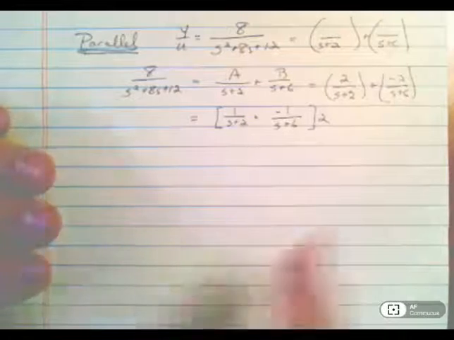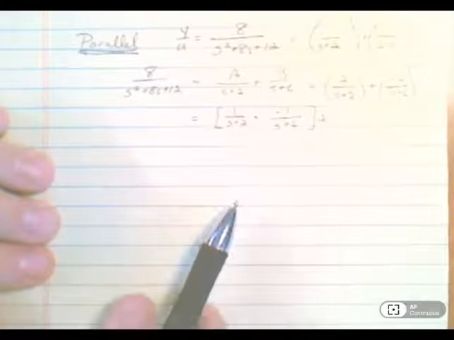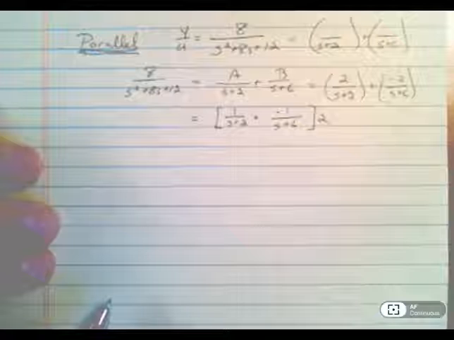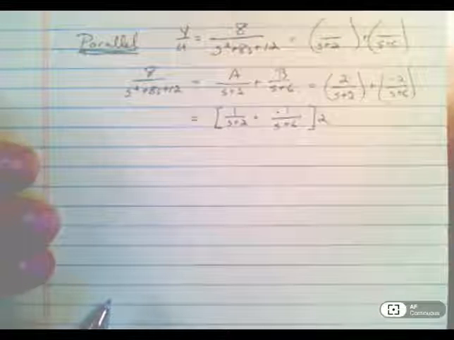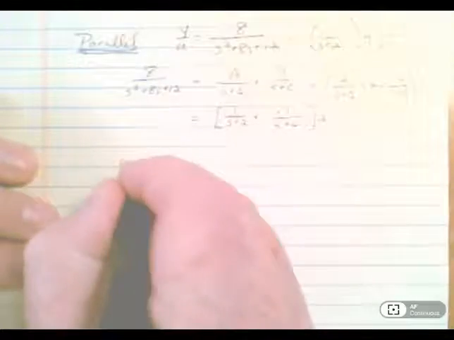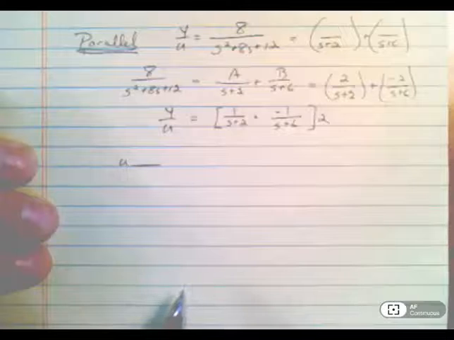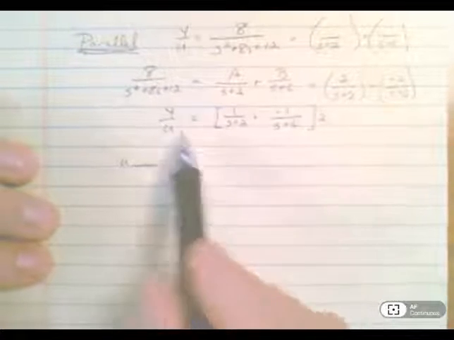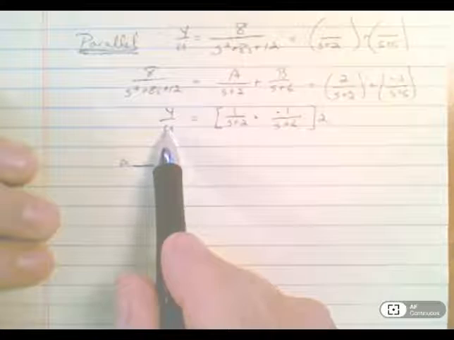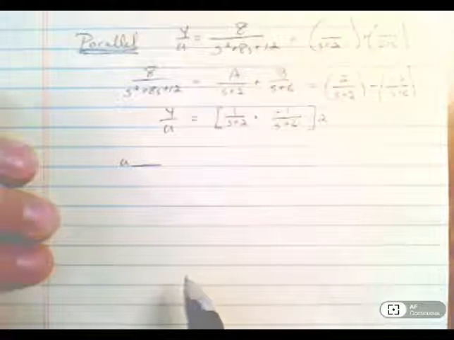Now, given this, what we see is we have two first-order systems that are being added together. And then there's a multiplicative factor at the end, just like there has been in all our other forms. So the way I'm going to draw this is, here comes u, my forcing function. Remember, this is y over u. And it effectively says that I'm going to have u times this, and then u times that separately, and I'm going to add them together.